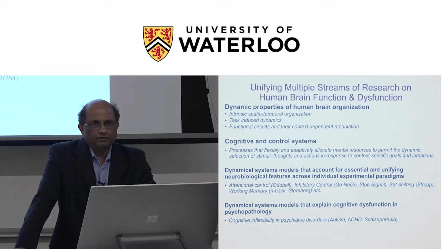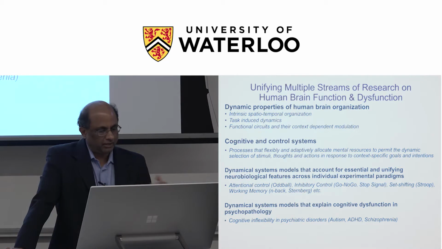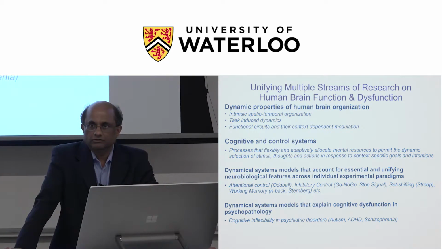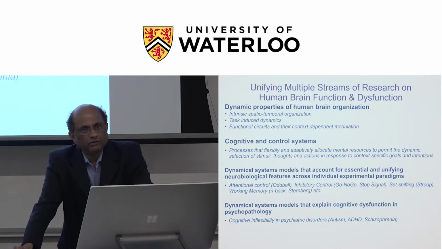And then if this kind of framework or model, or the systems that you've identified, have a role in cognitive control, they should, almost by definition, have import for investigations of psychiatric disorders, because deficits of cognitive control and cognitive inflexibility are at the core of many, if not all, psychiatric disorders.